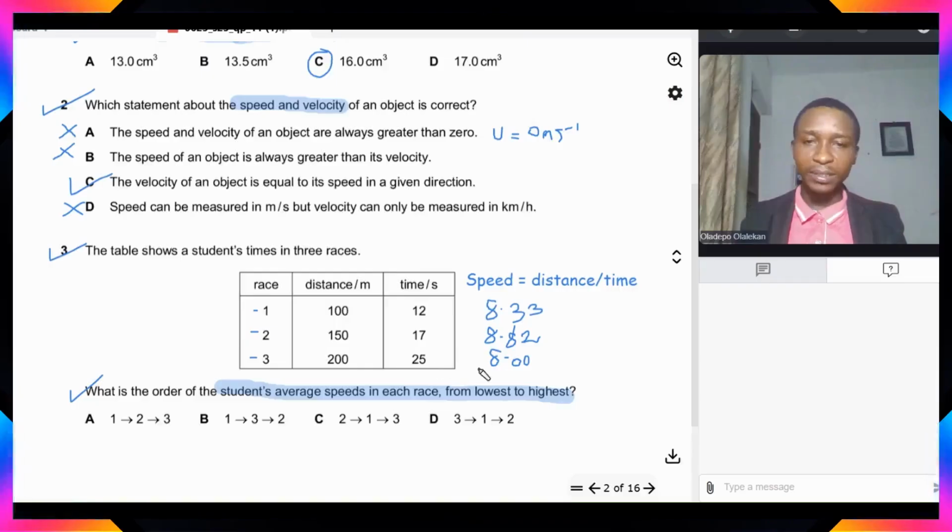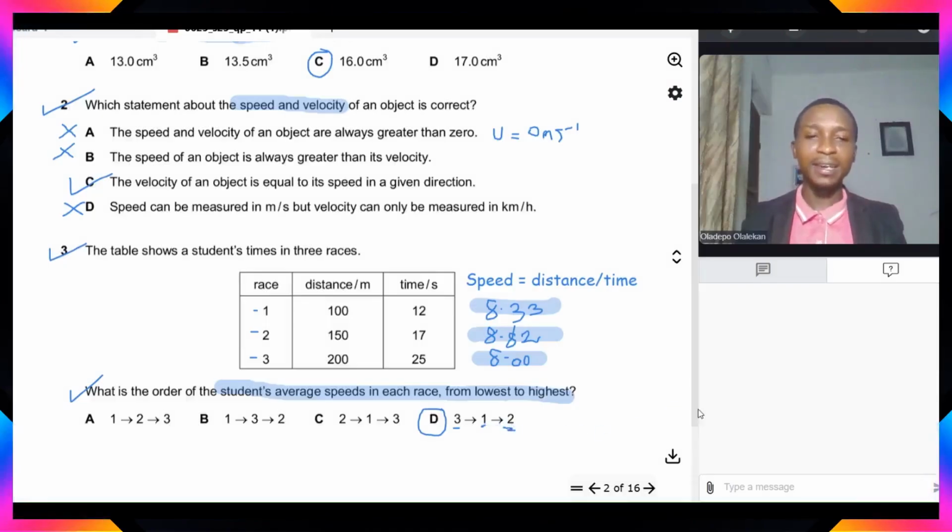So the lowest is the third race, followed by the first race and the second race. With that order, the correct option will be option D, because in option D we have the third race, followed by the first, and finally the second.